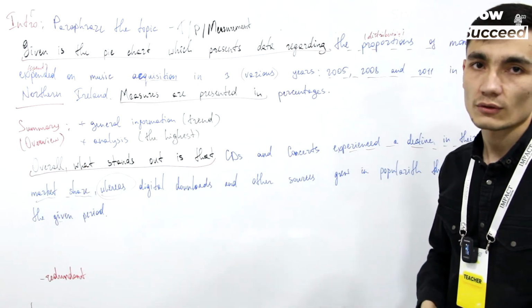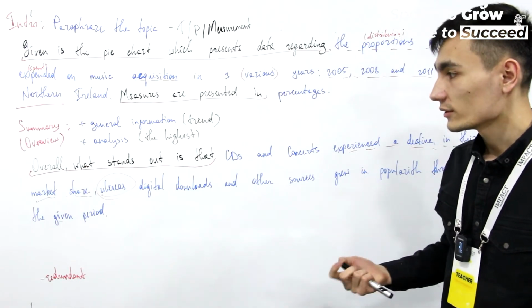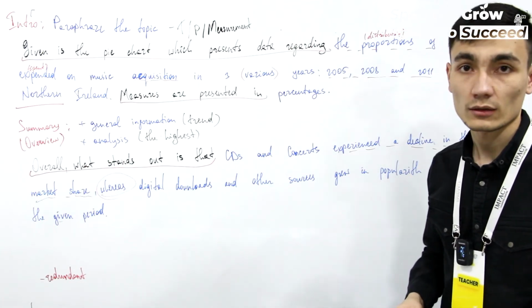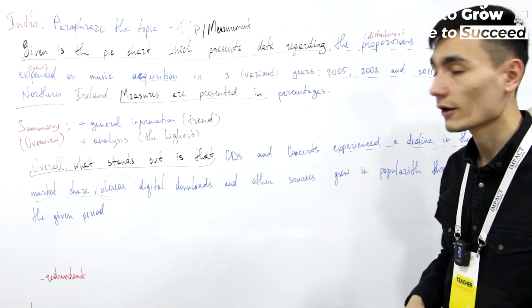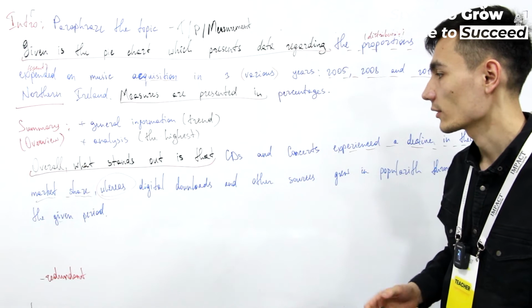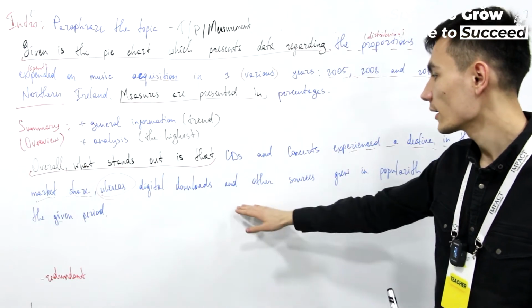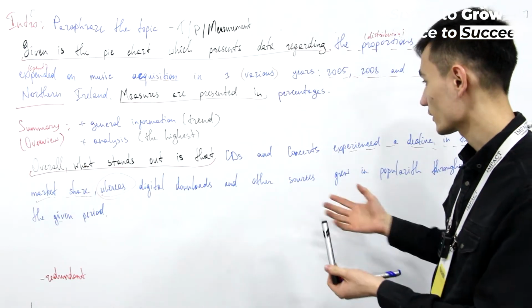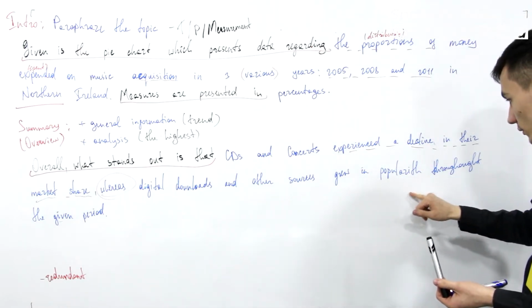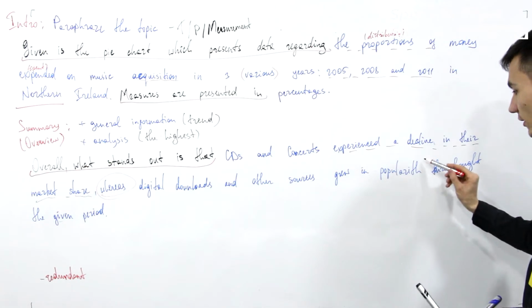You have to learn these structures, these conjunctions and connecting words, to increase your cohesion level. And as I said, digital downloads and other sources grew in popularity. I made a spelling mistake here, as you see.